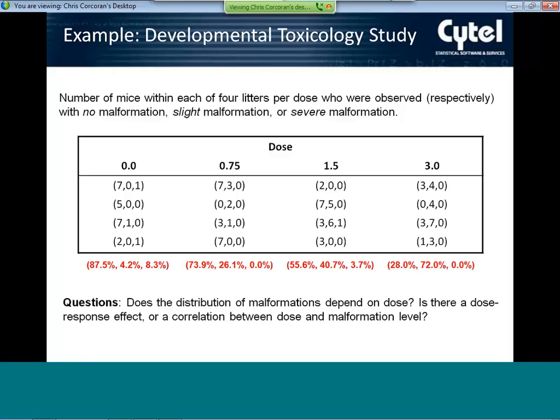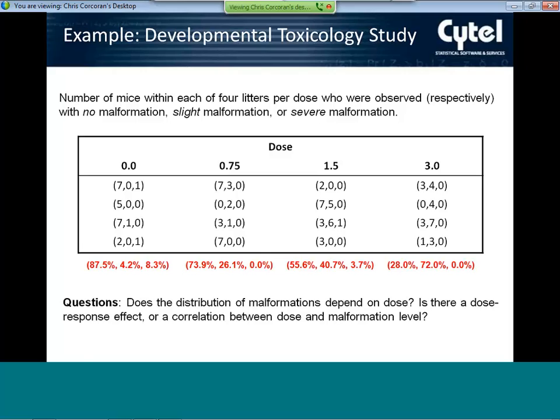down each column, these again represent individuals who are in the study, but this is a developmental toxicology study. This is the one that we talked about earlier, where these 4 litters of mice were randomized to these doses of the toxic material, and then they were evaluated afterward for their levels of malformation.